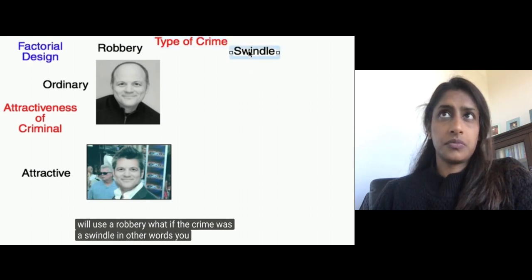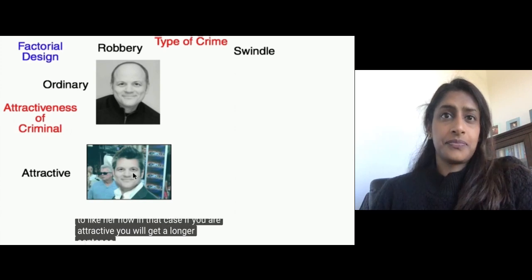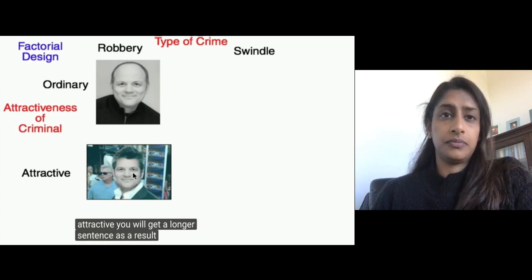In other words, you are a man in this case, let's say, and you swindle a somewhat older woman, let's say, out of her money by pretending to like her. Now, in that case, if you are attractive, you will get a longer sentence as a result, right?